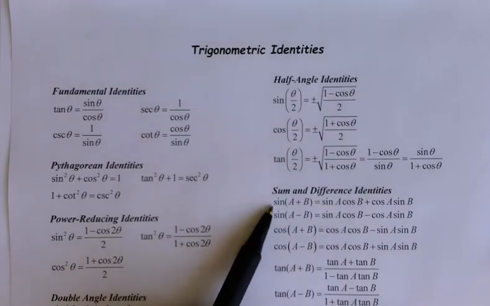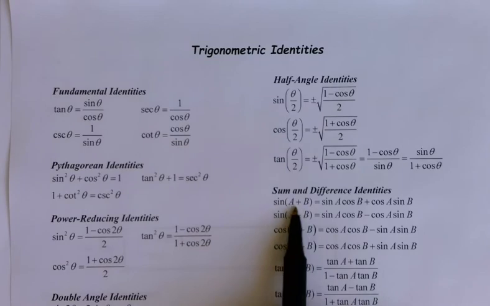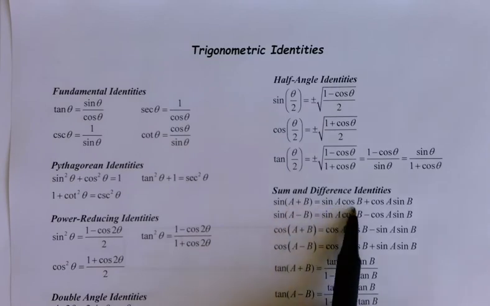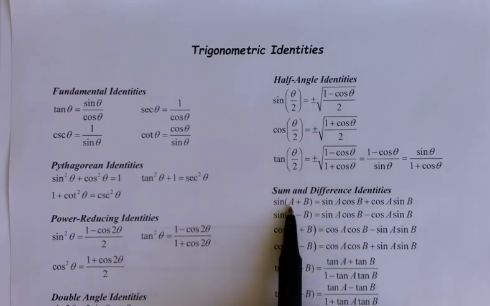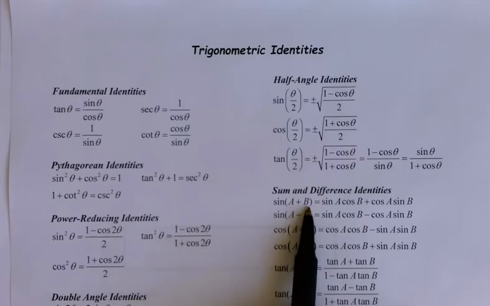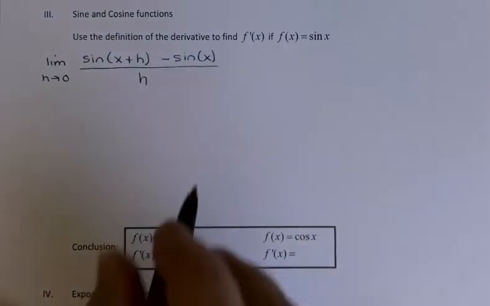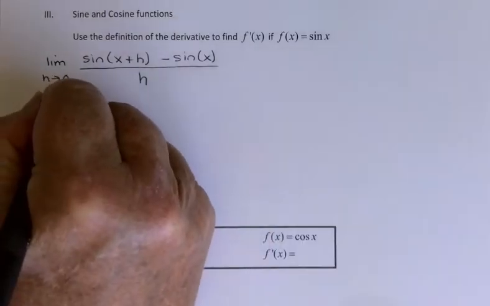And I'm looking right now at this sum and difference identity that says the sine of a plus b is sine a cosine b plus cosine a sine b. I'm going to use this, but instead of a and b, of course, I have x and h. So I'm going to say this is the limit as h goes to 0.